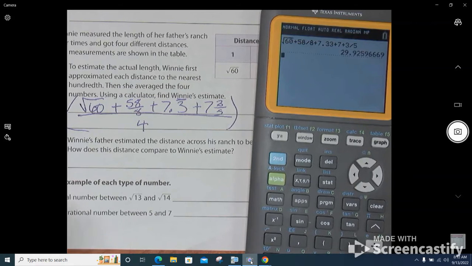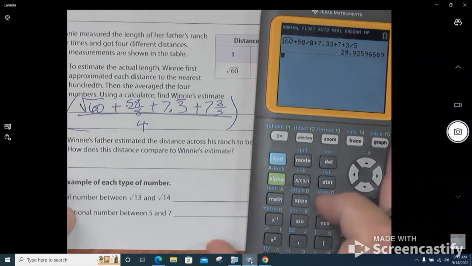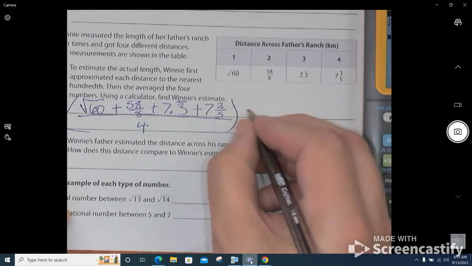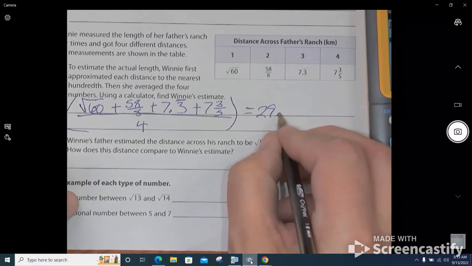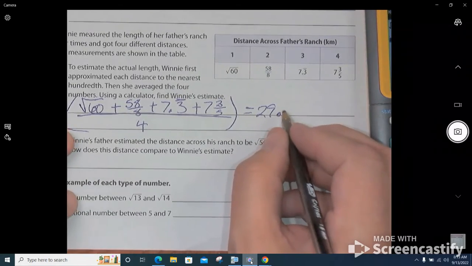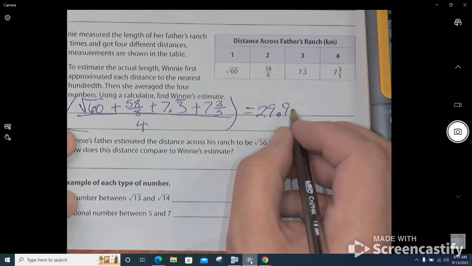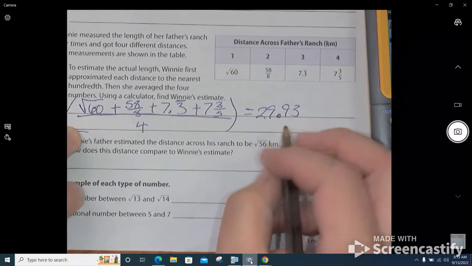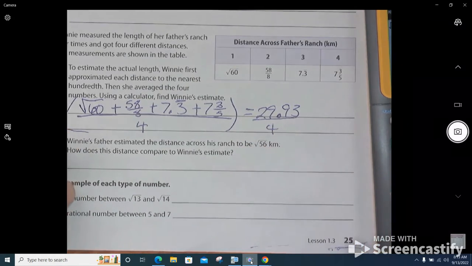So I'm going to hit equals, and I get this number, 29.92. It's a tough one because I could say 29.93. So we're rounding to the hundredths, and then all of that gets divided by 4.